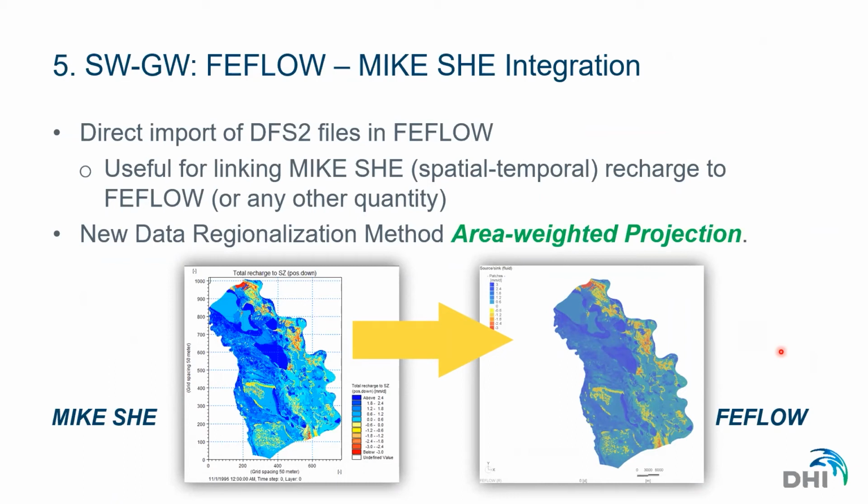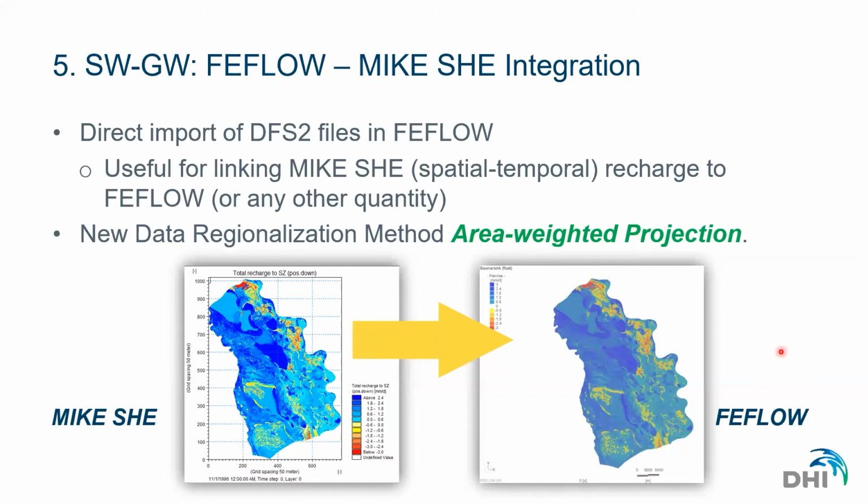We now have the possibility to import DFS2 files into FEFLOW. DFS2 files are typically results of MIKE SHE. For example, a common case is the estimation of recharge, so what is being recharged into the saturated zone, but it's not strictly limited to this.